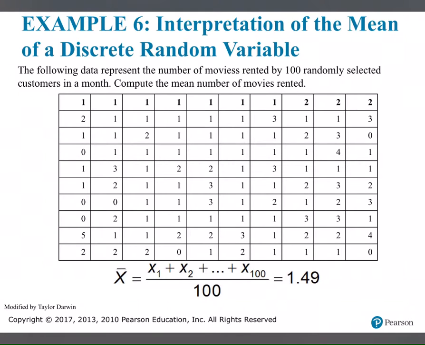So since that 0 was 0.06, that basically meant that 6 zeros existed, or 58 ones existed, because 58%. And so if I were to add all these values up and divide by 100, I would still get that 1.49 that I got before. And so all this is proving is that it still works. It's still legit. You're still getting basically the same information. There's just a different way of doing it.